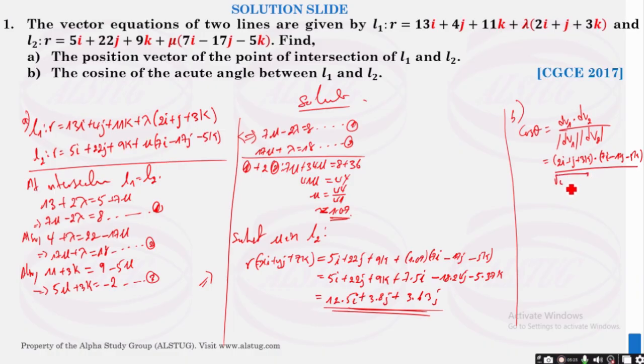we have 2 squared is 4, 1 squared is 1, so we have that plus 1, 3 squared is 9, root 7 squared 49, we have negative 17 squared, that is 289, and then we have negative 5 squared is 25.